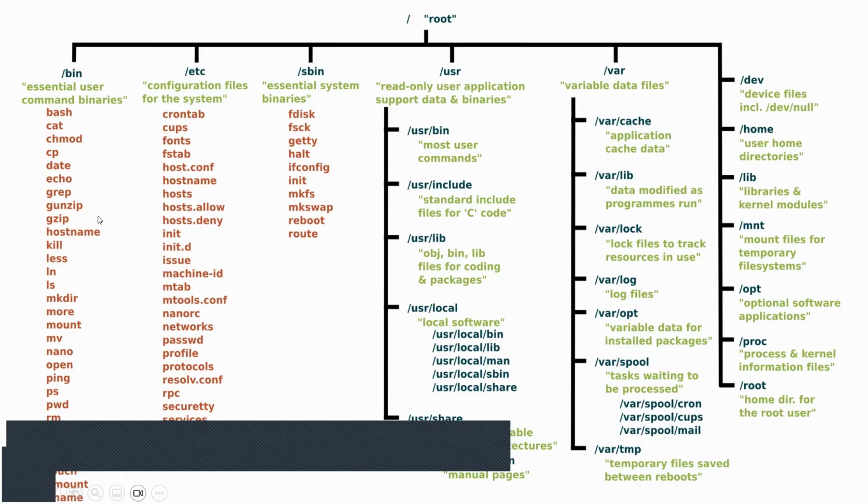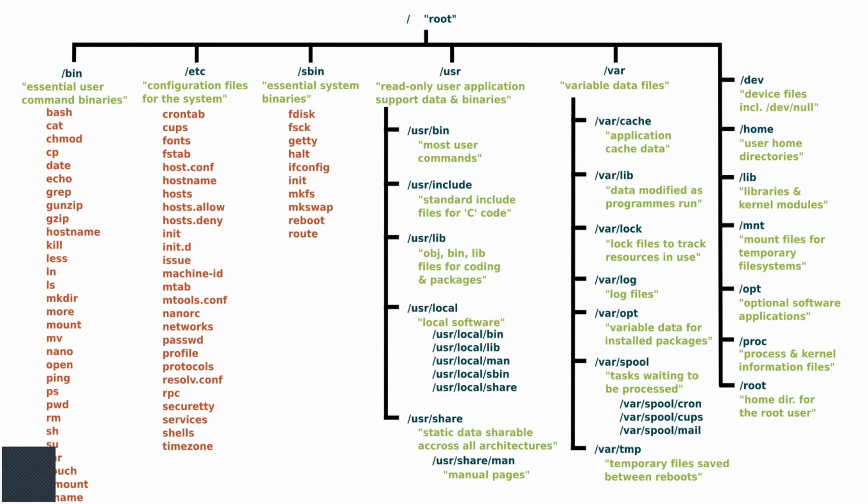Zip a file, unzip the file, touch file, all these come in the bin. Then after that, we have etc, that is your system's brain, configuration files for everything, from network settings to user passwords live here. So etc is the system's brain, configuration files actually.